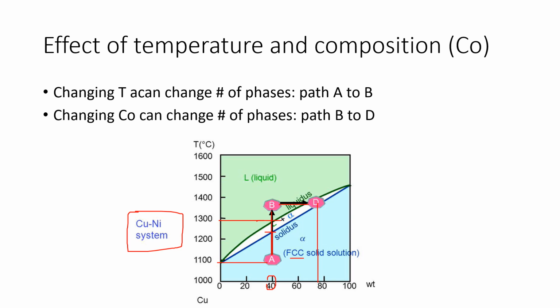At point D, a mixture of liquid plus a solid solution results from changing the composition. So temperature and composition are two variables by which we can change the phases. If we change either variable, we can change the phase.